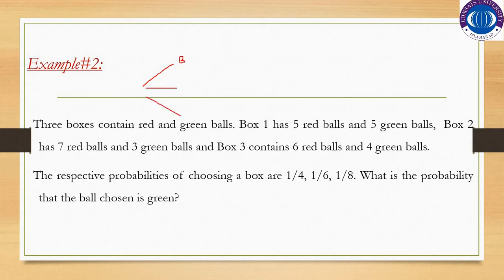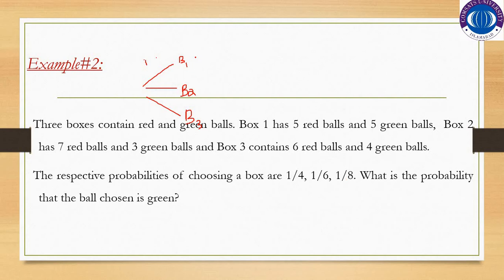Box 1, let's say B1. Box 2, let's say B2. Box 3, let's say B3. Each box has its own selection probability. Box 1 is 1 by 4. Box 2 is 1 by 6 and box 3 is 1 by 8.